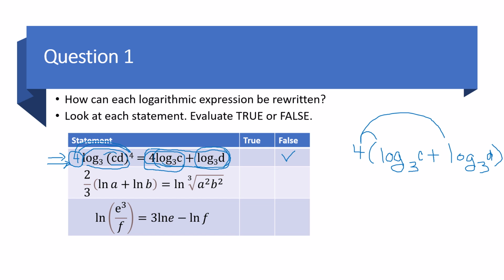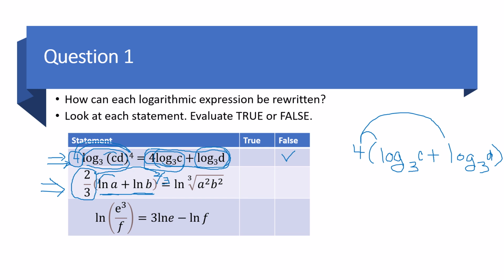All right, let's go to the second line. We've got 2/3 natural log A plus natural log B. And using that power rule, we can bring that up over here and write that as natural log A plus natural log B to the 2/3 power.